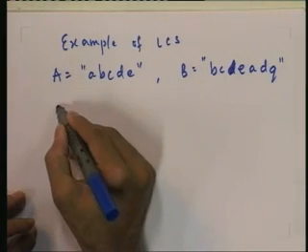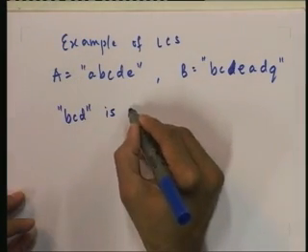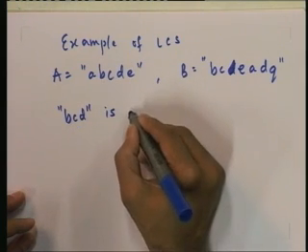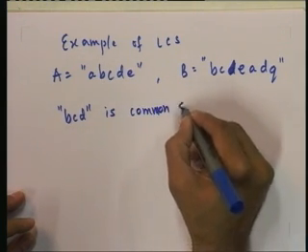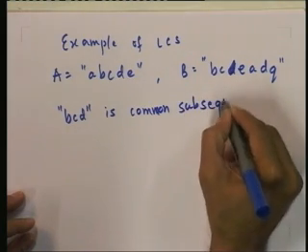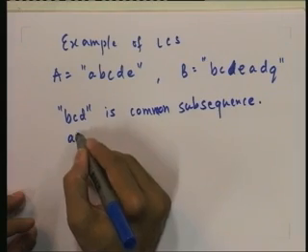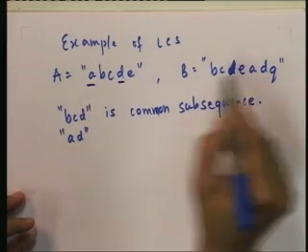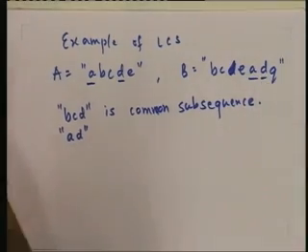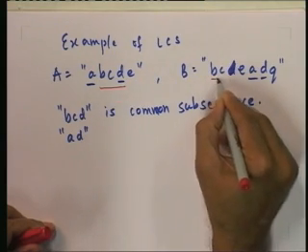So, clearly B, C, D is a subsequence of both and therefore, it is a common subsequence. AD also is a common subsequence. AD for example appears over here and over here. BCD for example appears over here and over here.